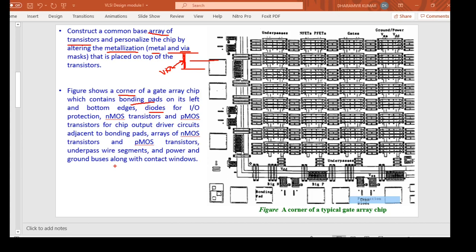So it contains many things, right? So let's see one by one. So this is the corner part, like coming here and going like this.